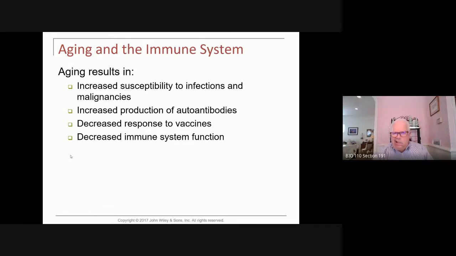Your immune system becomes less protective against infections and malignancies. This is why people my age get cancer. This is why people my age get autoimmune diseases. This is why you need to get, as an older person, a stronger vaccination for the flu. It's called Fluzone, because my immune system is not as good as yours.